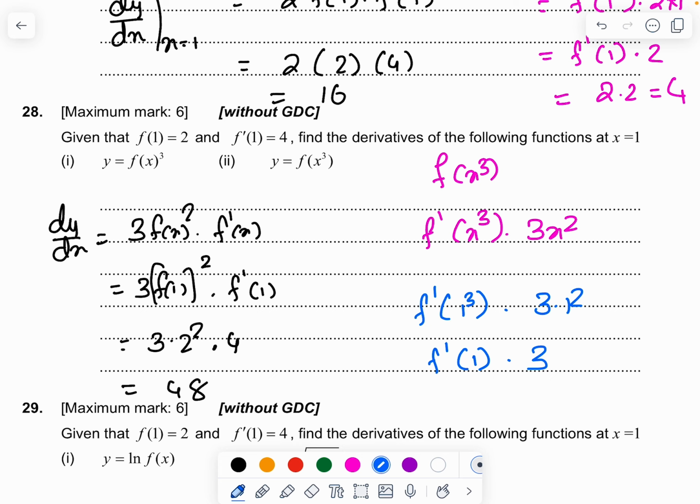So 1 cube is 1 itself. F prime of 1 is 4 times 3, which is going to be 12. That's going to be the answer.